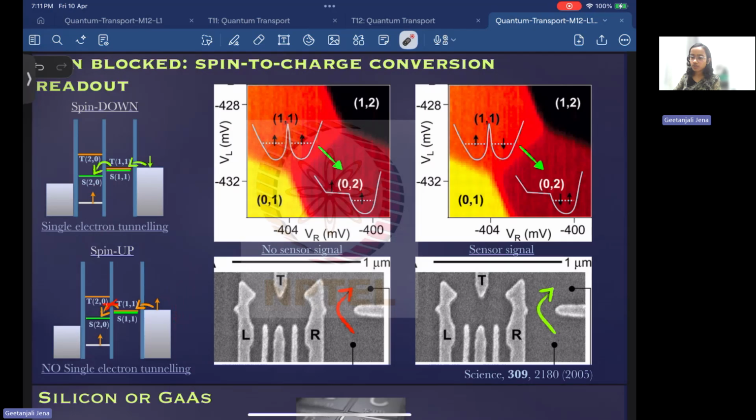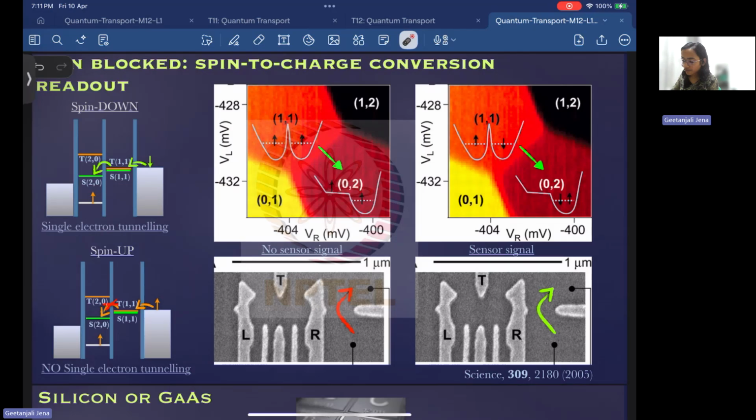For spin up state, we won't see any current through this QPC region. So this is how we can differentiate whether the spin up state or the spin down state was occupied. This is graphically represented here.